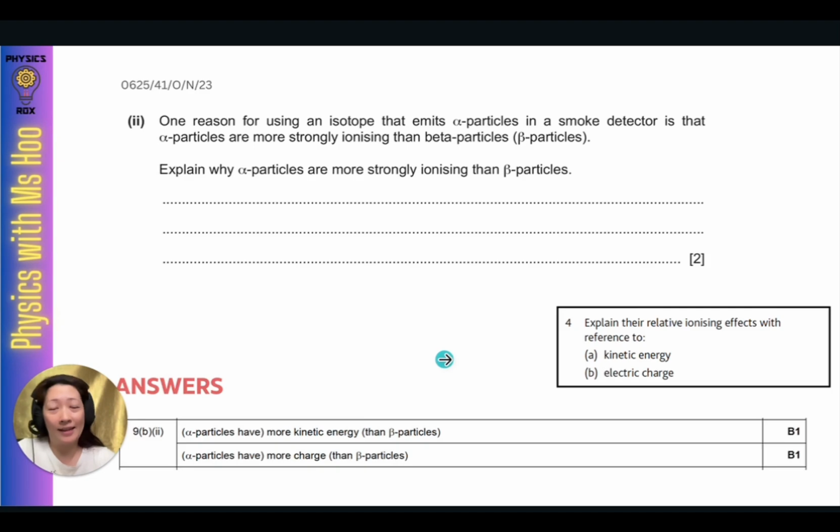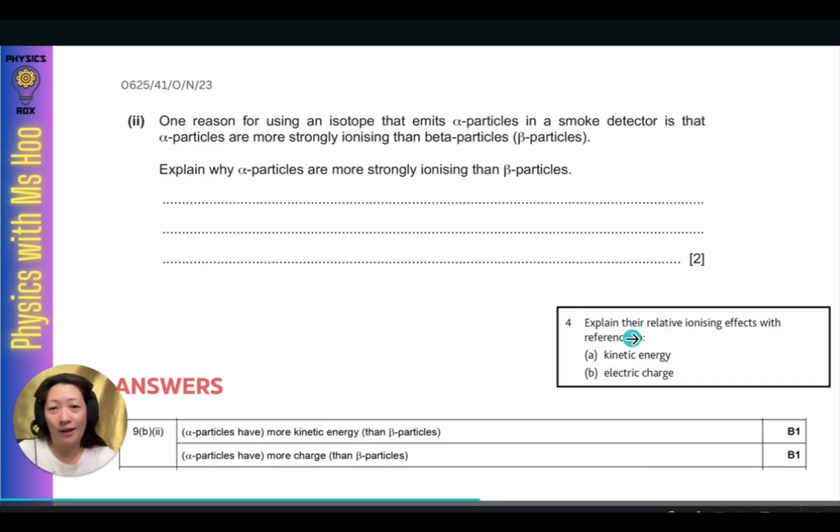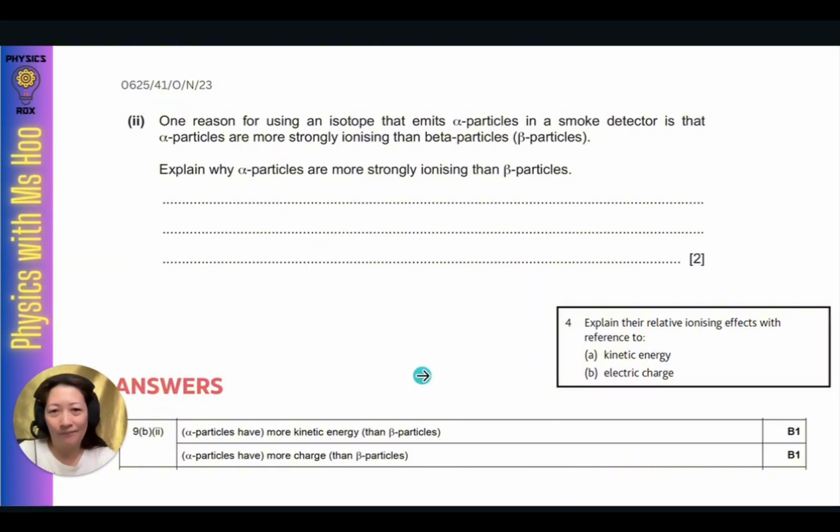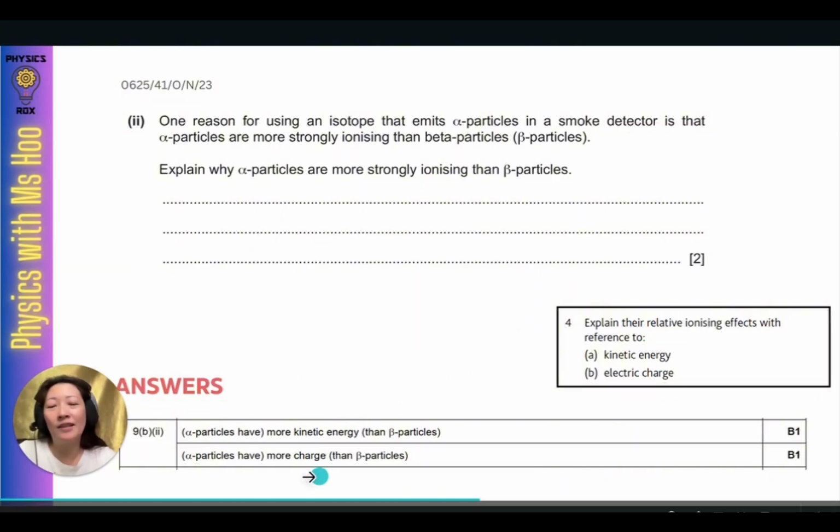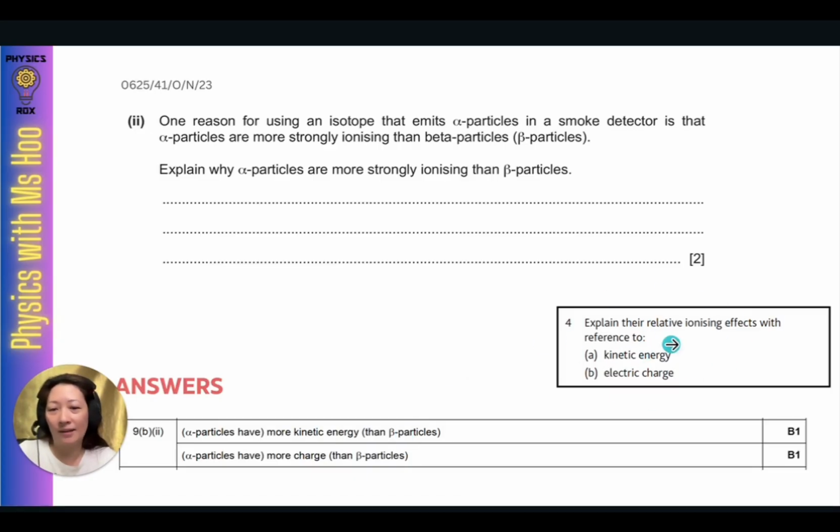And the reason I can say this is because I myself have attended a course on radioactivity that explains a lot of things in much greater detail than what we've actually covered in this syllabus. So when I first explained why alpha particles are more strongly ionizing than beta particles to my students, I did not use this explanation, and I myself was pretty surprised when I saw these answers. And then I realized that the reason why the answer is as such is because this is taken from the syllabus guide.